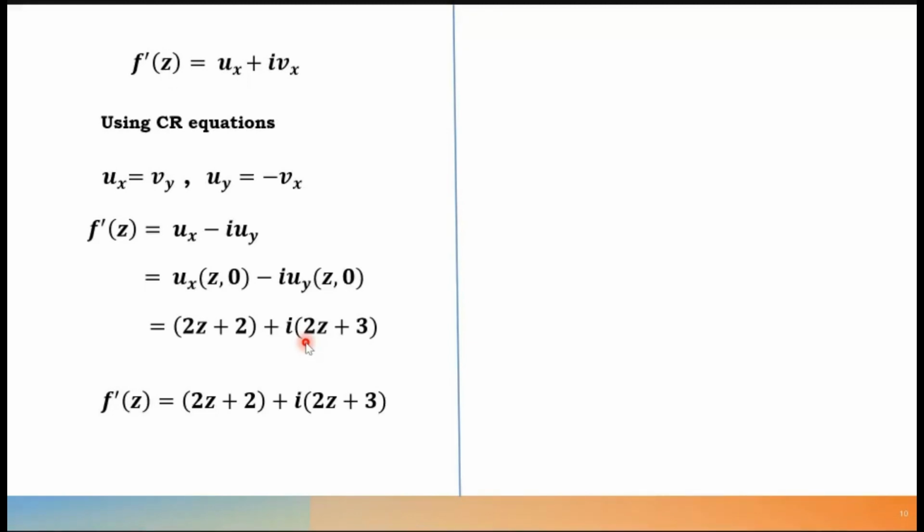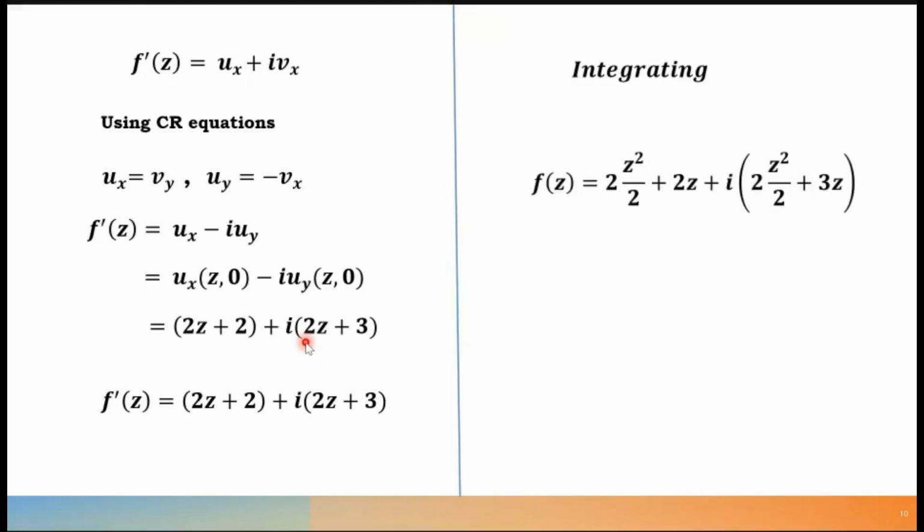We can integrate term by term. The first, 2z integration is z squared by 2 times 2, that is z squared. 2 integration is 2z. 2z squared by 2 and 3z. Integrating and putting z equal to x plus iy.